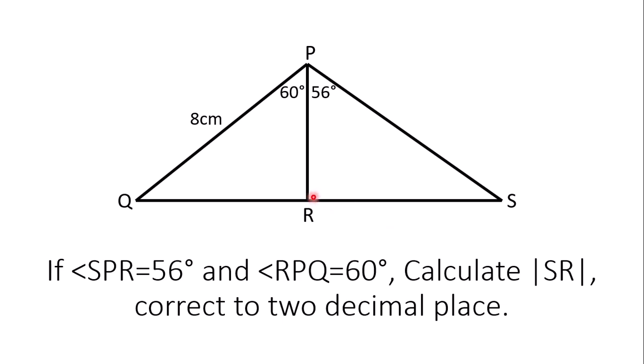But to make it very simple without confusion, we know that PQ is 8 centimeters, and the angle located at P is 60 degrees when you consider triangle PQR. And the question says we should calculate this SR here.